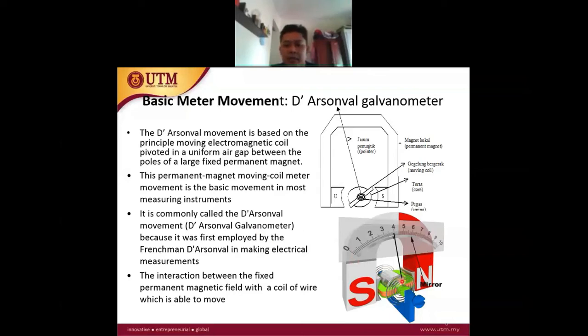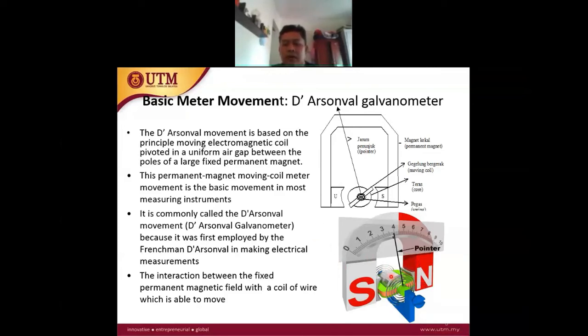There's a set of springs attached to the core. The iron core and the case are attached together and rotate, and there's a spring attached to the moving part and to the support, at the front and also at the back. The purpose of the spring is to limit the rotation.